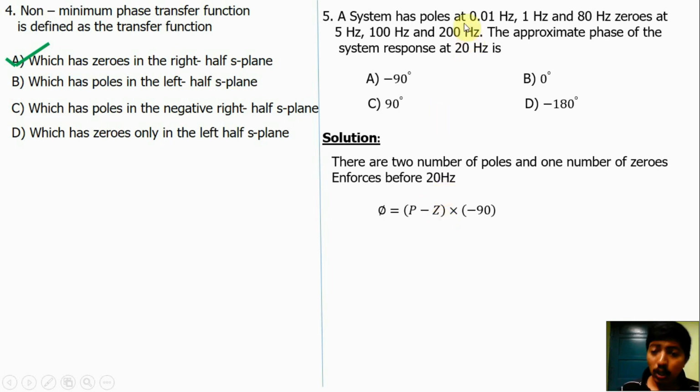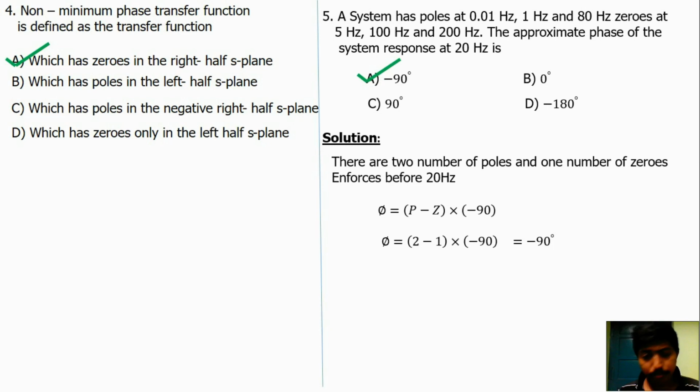Here there are 3 poles in total, but only 2 poles are effective before 20 Hz, since 80 Hz is out. So only 0.7 Hz and 1 Hz are effective before 20 Hz, so P is equal to 2. Among the zeros, only 5 Hz is effective before 20 Hz, so Z is 1. Substituting, we get (2 minus 1) into minus 90. So the answer is minus 90. Option A is correct.